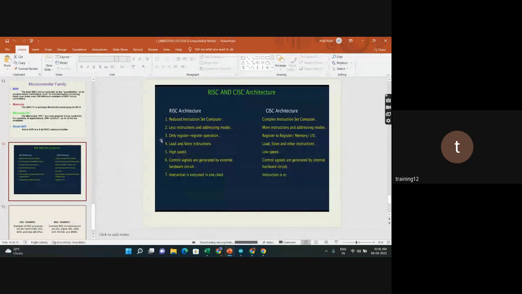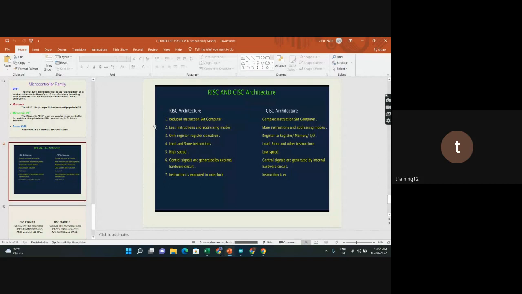RISC stands for Reduced Instruction Set Computer, and CISC stands for Complex Instruction Set Computer. In RISC, fewer instructions and addressing modes are used, but in CISC, more instructions and addressing modes are used. In RISC architecture, only register to register operations are performed, and in CISC, register to register, register to memory, or register to IO operations are performed.